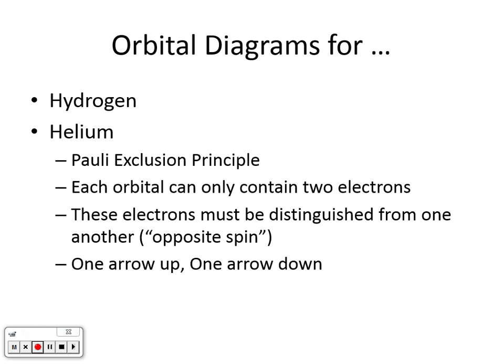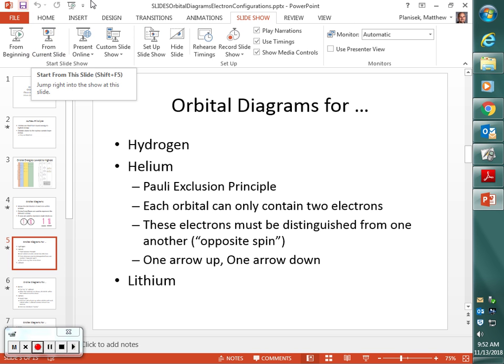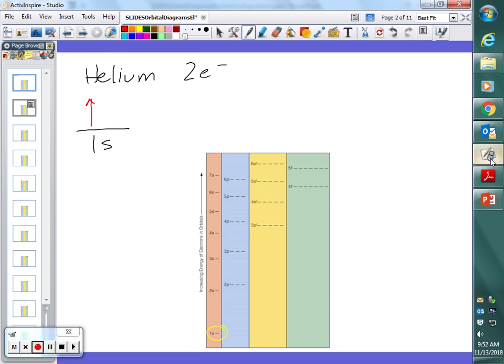So, in order to show that in our orbital diagram, we draw one arrow up and one arrow down. Okay? So, our orbital diagram for helium looks like this. All right. Good? Good for starters?